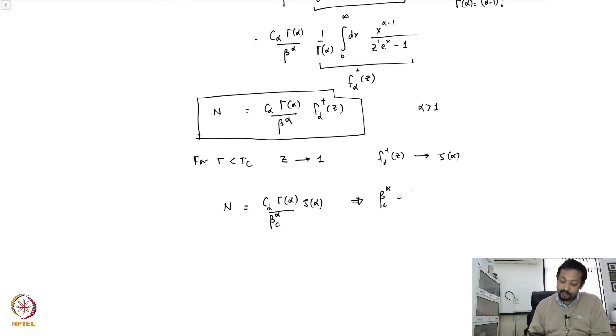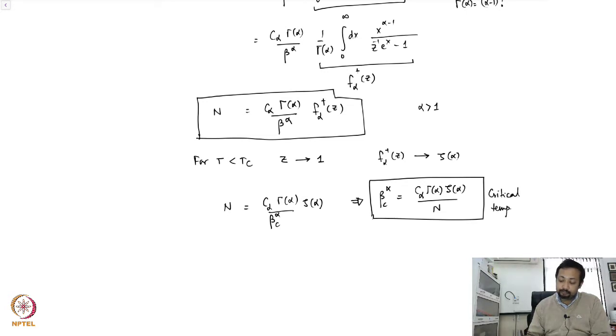We will use this later on. β_c^α is going to be C_α Γ(α) ζ(α) divided by n. So this defines the critical temperature at which the BE condensate appears.